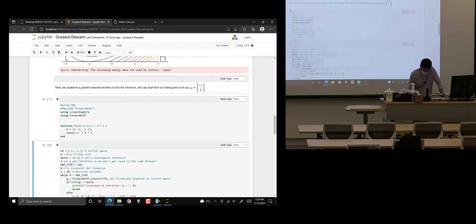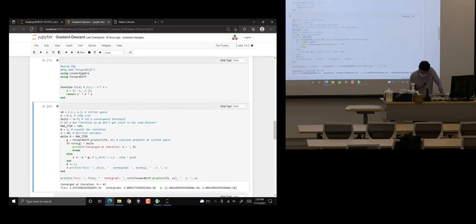Okay. So the algorithm is like this. While the number of iterations is less than the maximum number of iterations, I'm calculating the gradient.